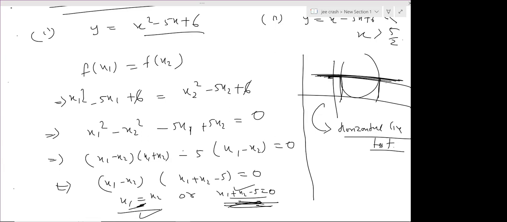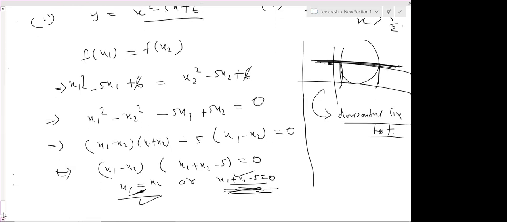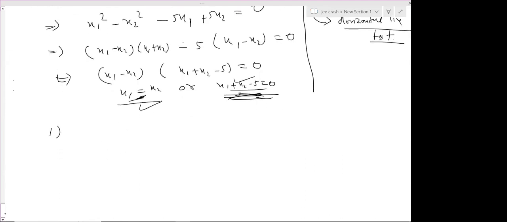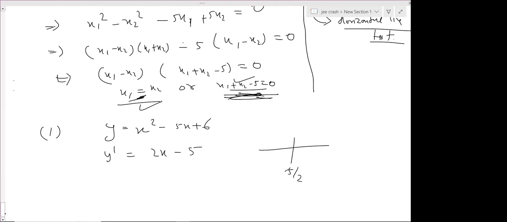Very simple. What other method can you use? We have already learned about differentiation. So the function we have is x square minus 5x plus 6, and this is y. So y dash equals 2x minus 5. So we can see there is a critical point 5 by 2.